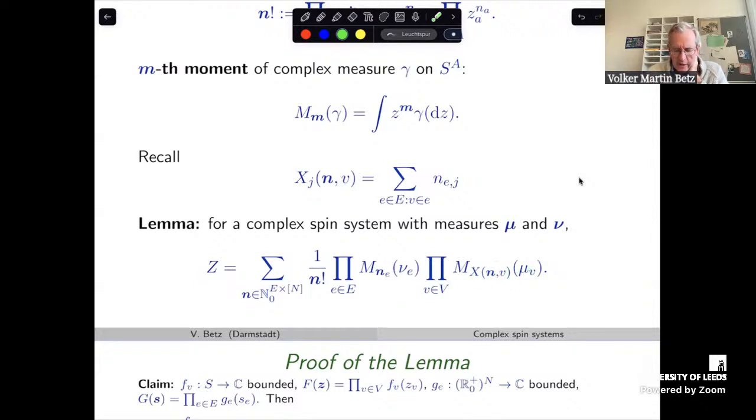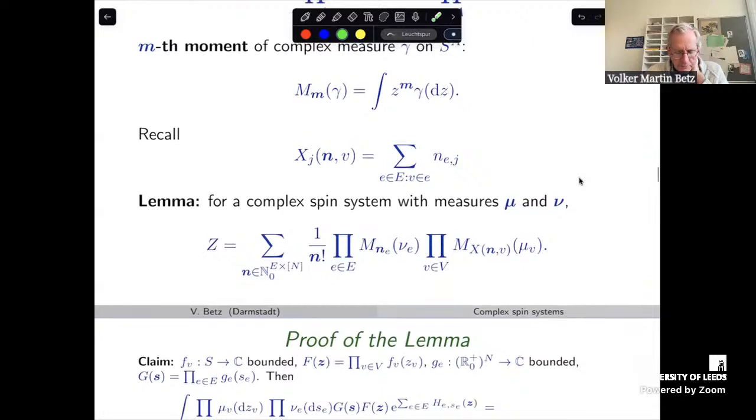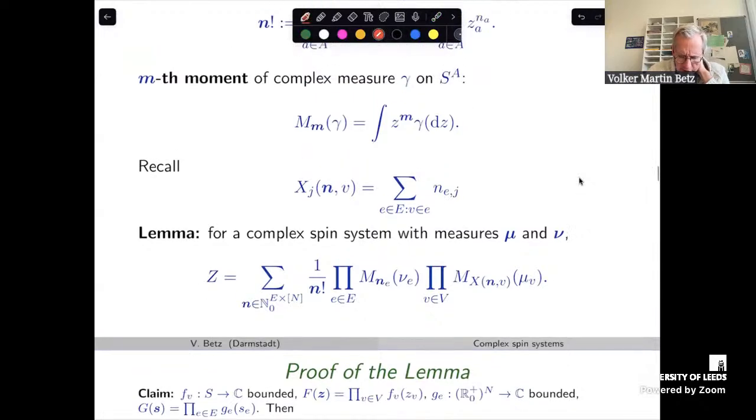So what you do is you really sum over all. Let me try to draw a picture here. Let's say you have just one color in this case.